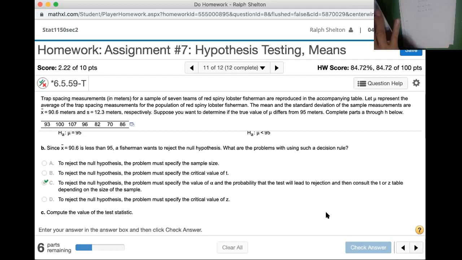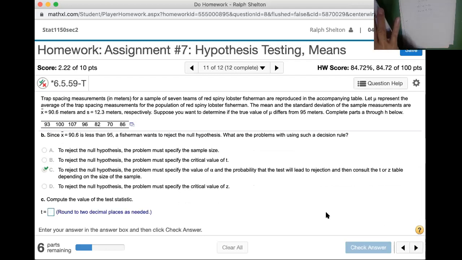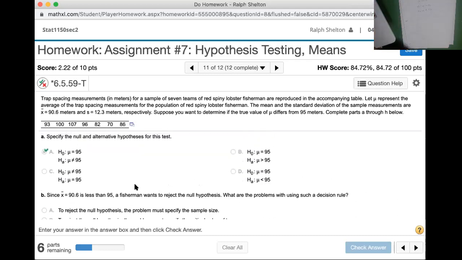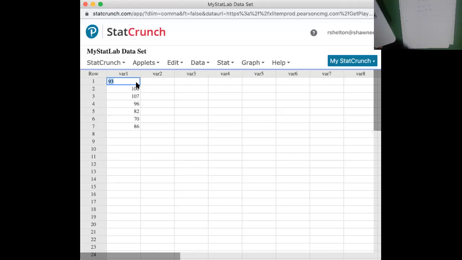Let me see if I can scroll down here. Compute the test statistic. So we got to do that. Okay, let's compute a test statistic. We'll send this to StatCrunch and share it. So here's this trap data in StatCrunch.